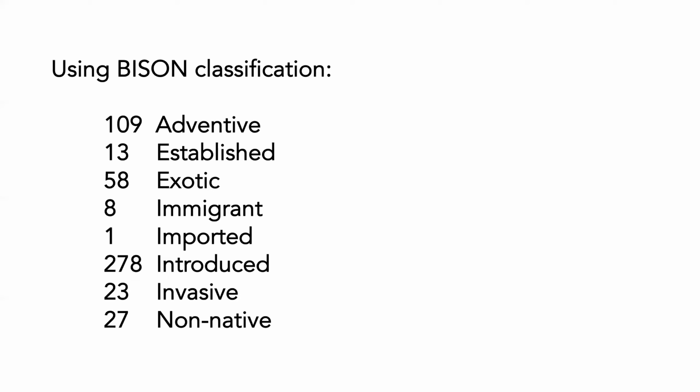I think it's important to note here that our definition of a non-native species is that the BISON database tells us that it's non-native. And so this listing here is of the known non-native species that are in the BISON database.